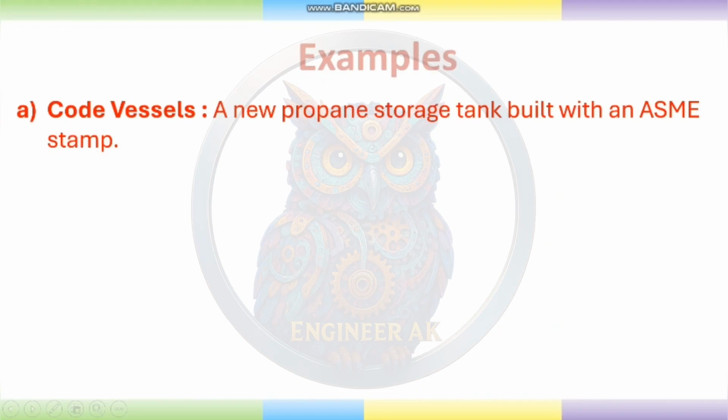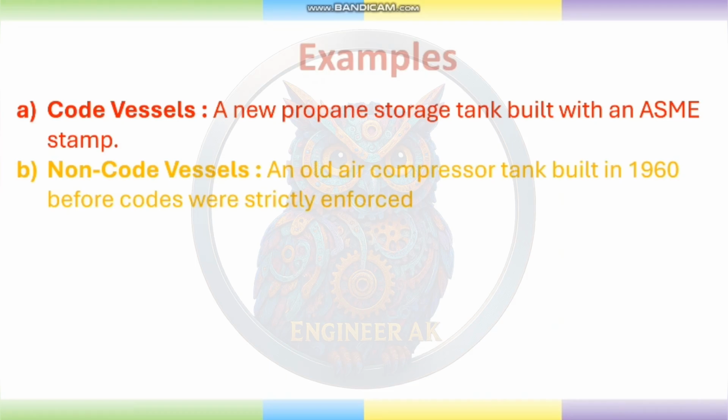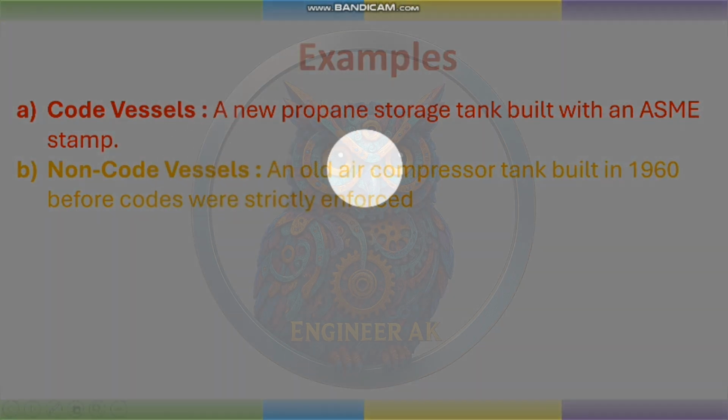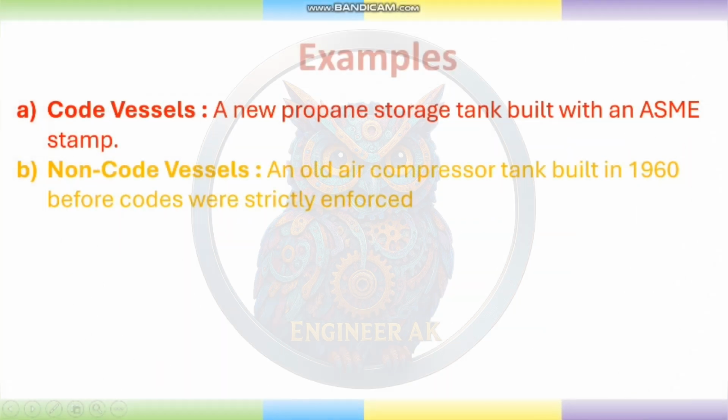So if we make or design a vessel based on ASME Section 8, that is a code vessel. Non-code vessel, for example, an old air compressor tank built in 1960 before codes were strictly enforced, right? Like if we talk about a vessel that is designed before 1960 when the codes were not strictly followed, that will be called a non-code vessel.